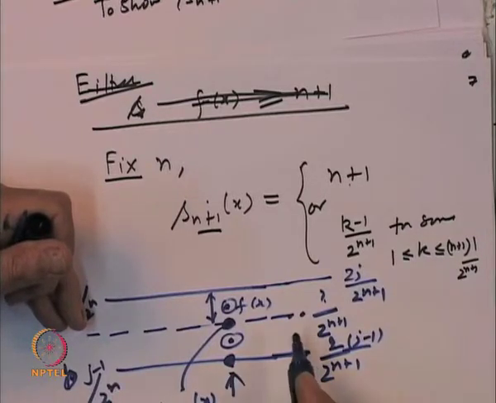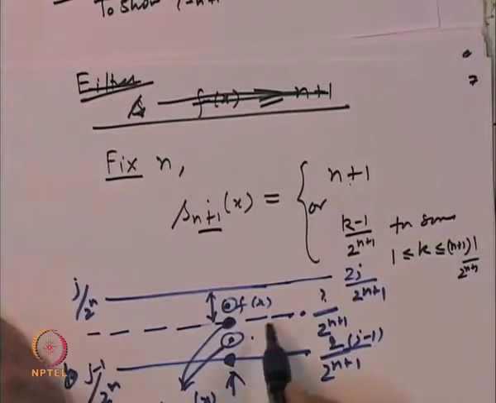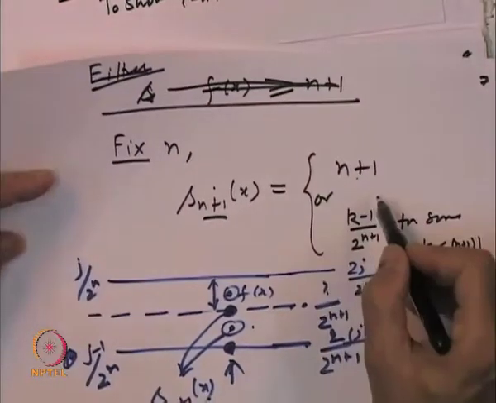And if f of x is here, then S n plus 1 of x will again be here, and S n of x will always be here. So, this value is less than or equal to this value. Let us write that analysis.